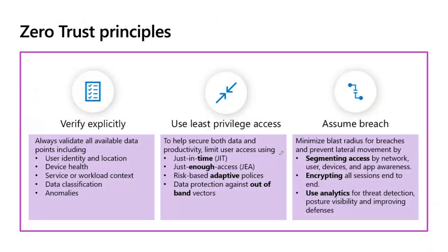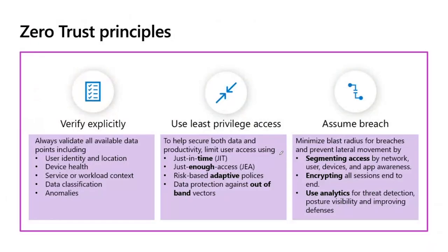We can also use JEA, just enough access. These are the things we can use for enhancing the least privilege access model. Then we have a risk-based adaptive policy, and also data protection against out-of-band vectors. These are different components that we see in the least privilege access model.